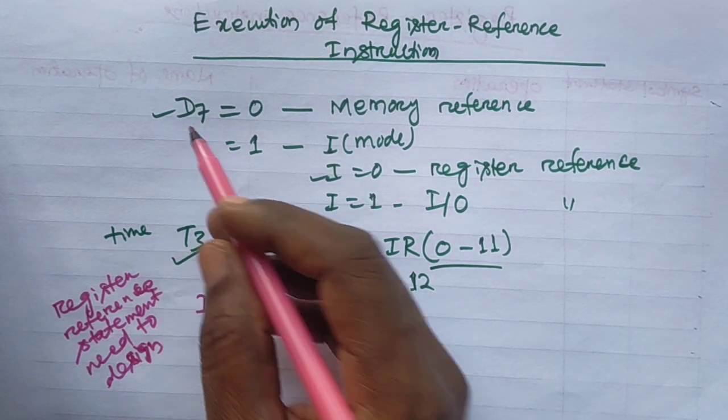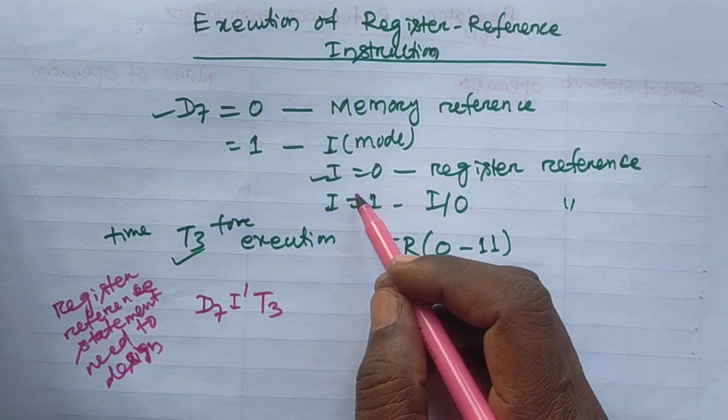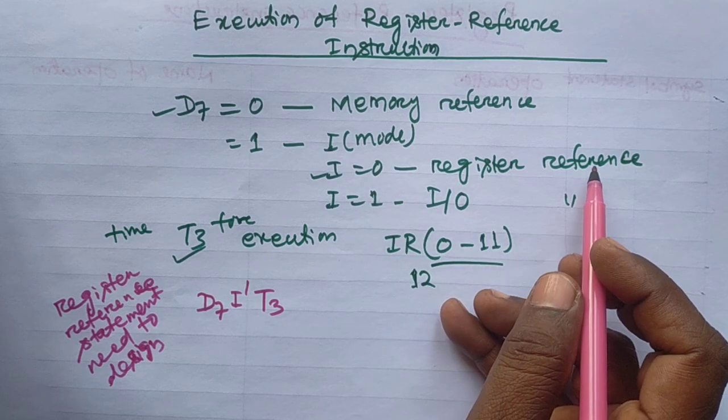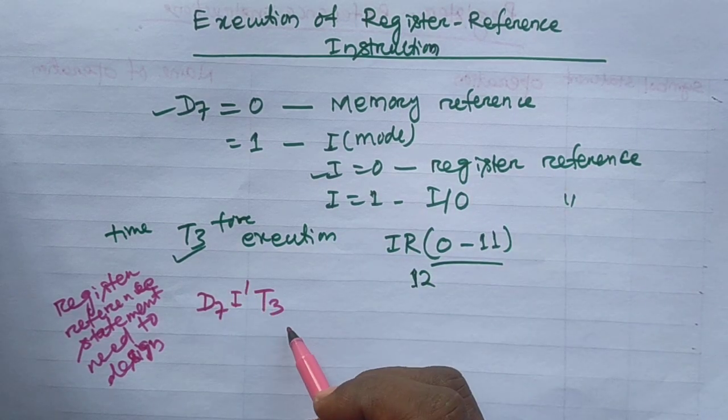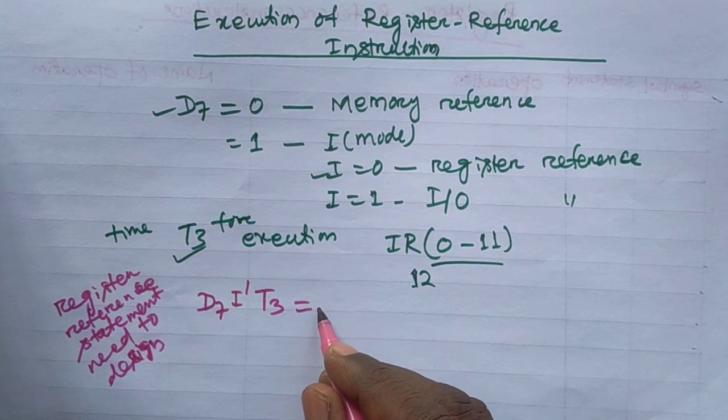So initially D7, and I complement. D7 first, consider I complement, since it is 0 for register reference, and T3 time we will define. So let us consider this total is register reference.